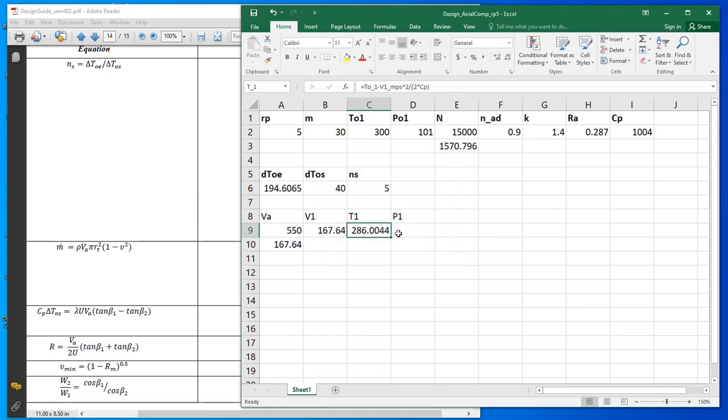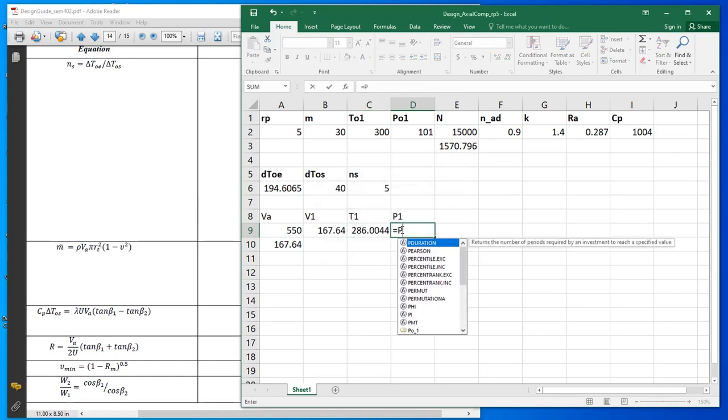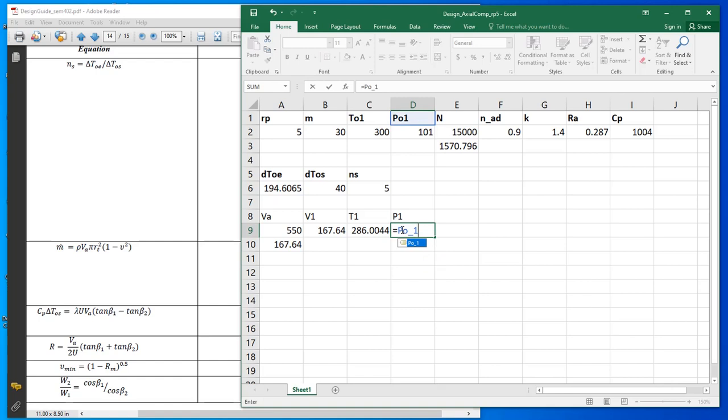So this is equal to P0_1 multiplied by T1 divided by T0_1, and that T0_1 is also not defined. Anyway, we can define it, to the power k minus 1 divided by k, and enter.